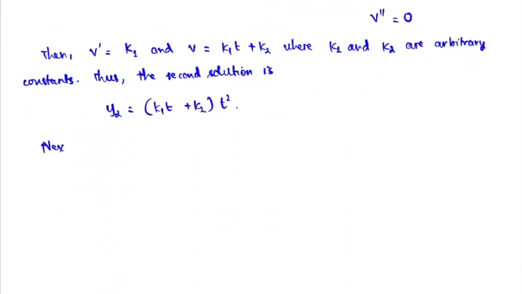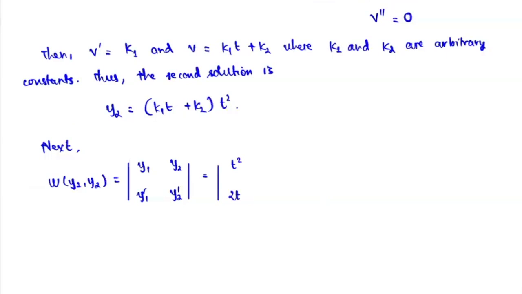Next, we do W of y1 and y2, which is the determinant of y1, y2, y1 prime, y2 prime. y1 is equal to t squared, and y1 prime is 2t, and y2 is equal to this function, where you can distribute t squared to get k1t cubed plus k2t squared.